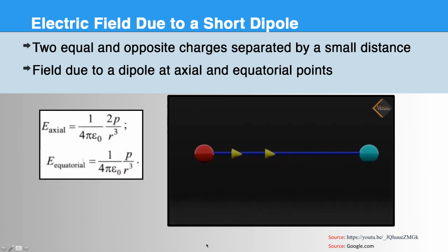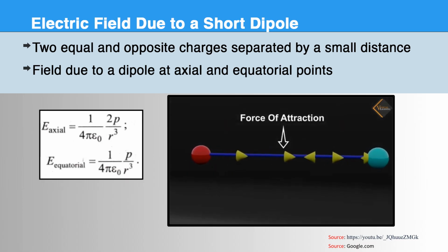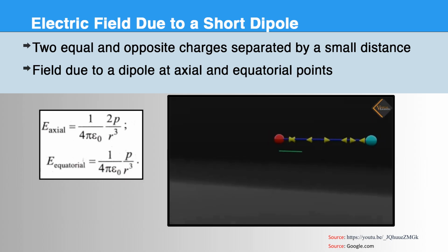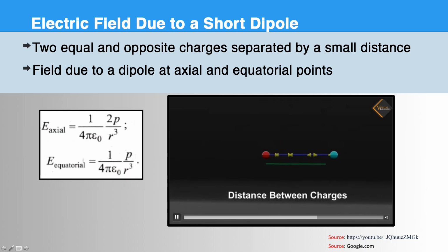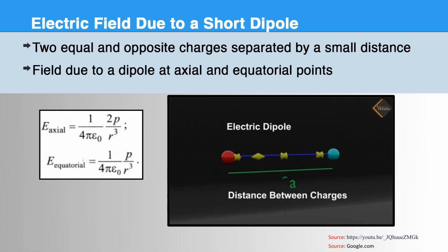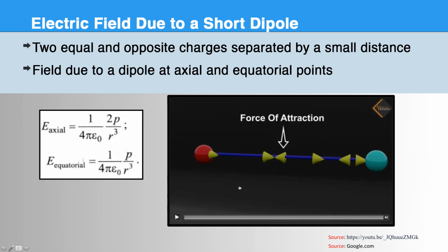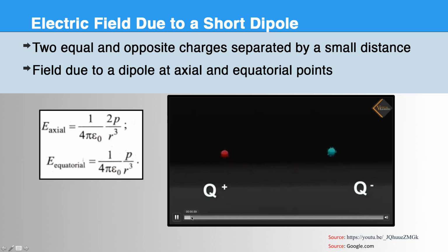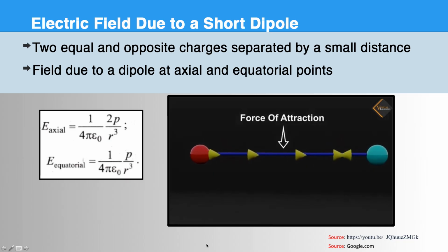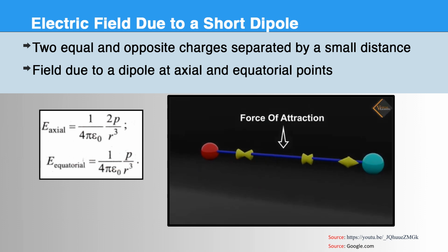For a point on the axis of the dipole, the electric field is directed along the line connecting the charges and the point. The magnitude of the electric field at a distance r from the center of the dipole is given by the equation E equals 1 by 4 pi epsilon naught into 2P by r cube.